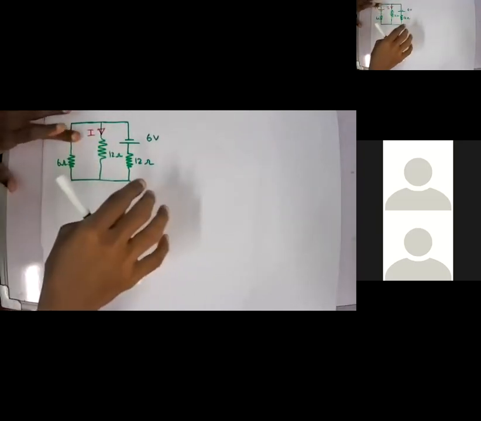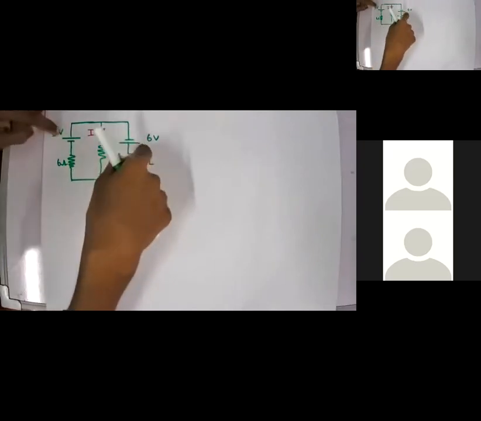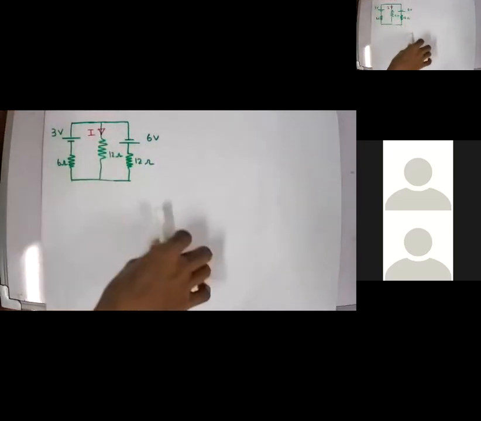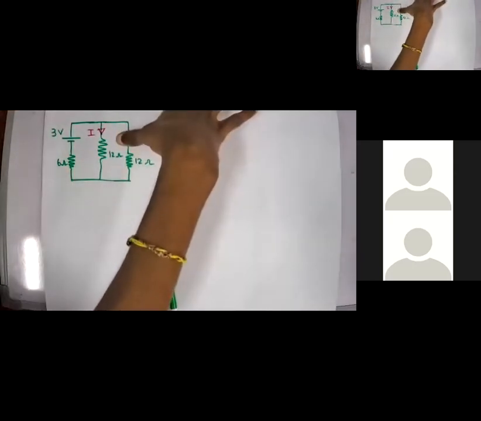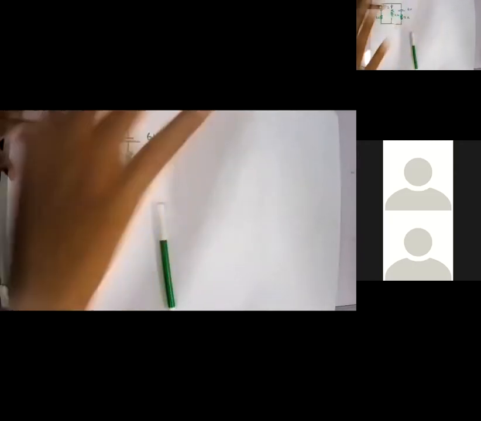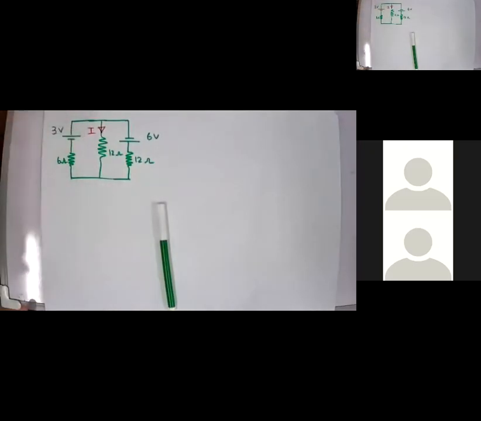What the superposition theorem says is when you have two batteries, the current will be equal to the summation of the values when you are doing it without one and without another. Can you understand? That is the simple way to put it.